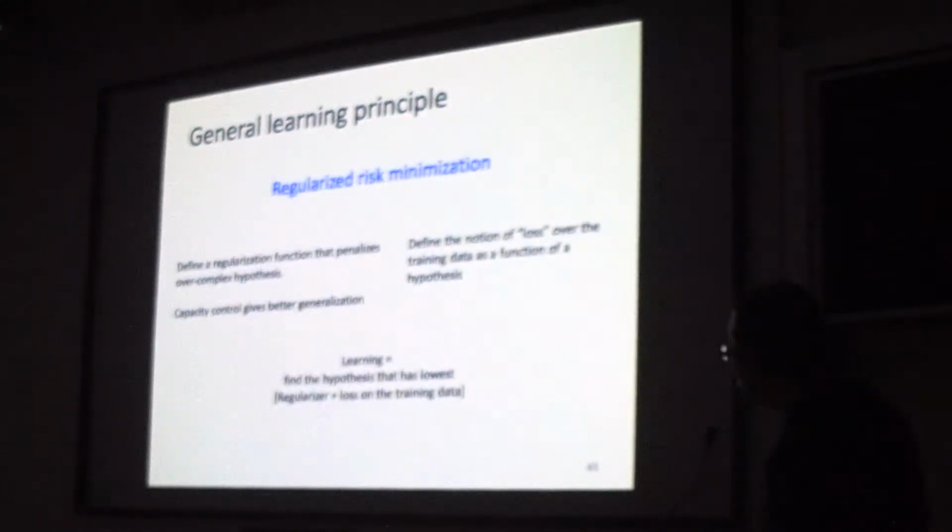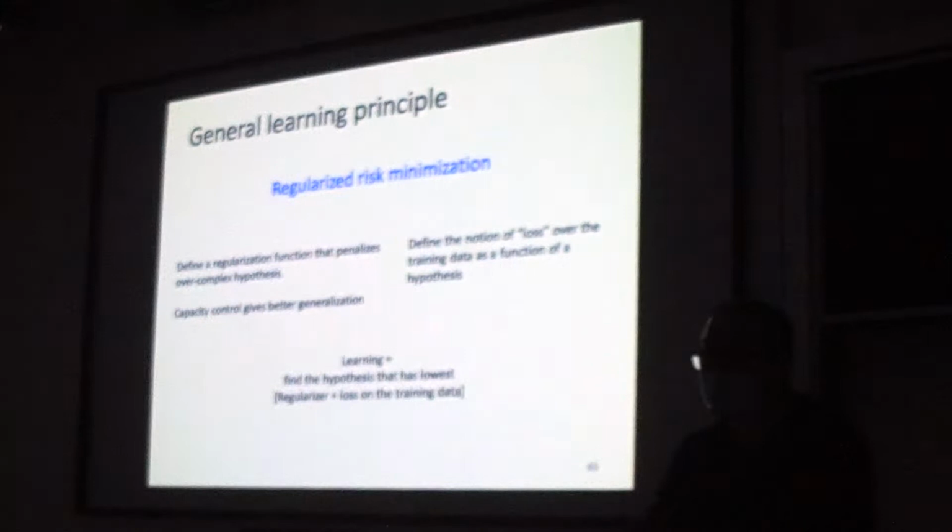So a more robust, better framework is the so-called regularized risk minimization. In a regularized risk minimization framework, your objective should consist of two parts. The first part regularizes the complexity of the hypothesis space, meaning that I want to penalize overly complicated, overly expressive hypothesis spaces.